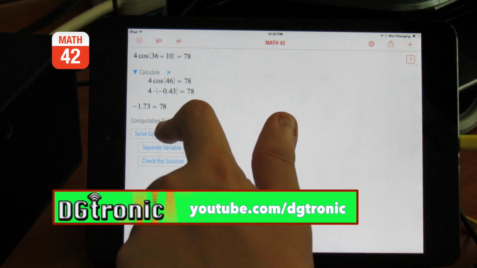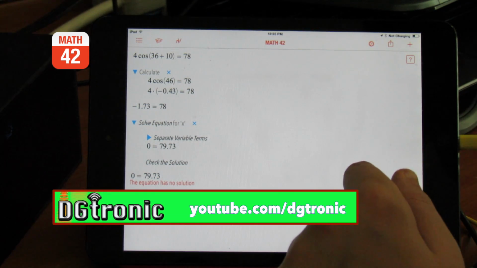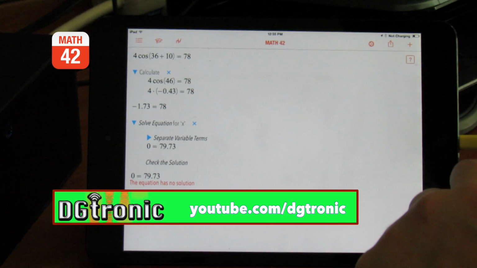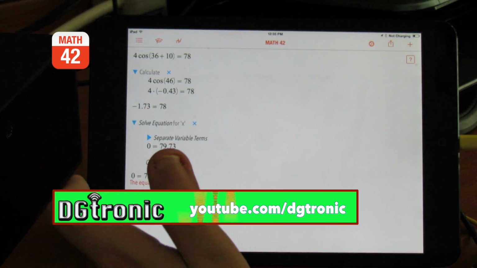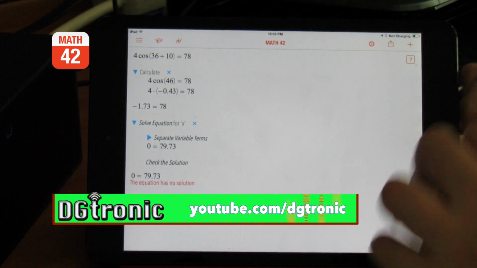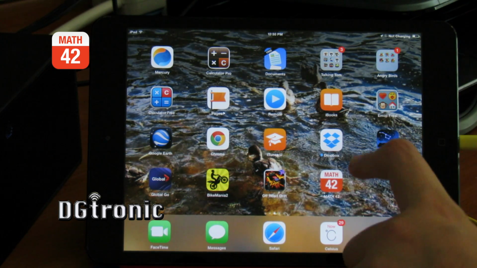And let's say I want to solve the equation for x. And there's the answer. The equation has no solution. I guess I came up with a very weird equation. But you see how great this app is. Again, the app is called Math42. And there's the icon.